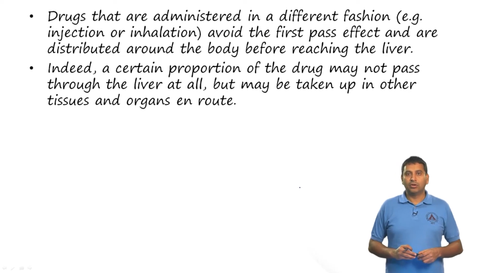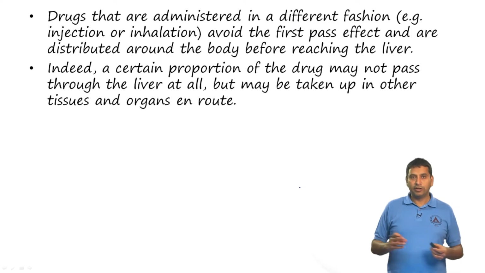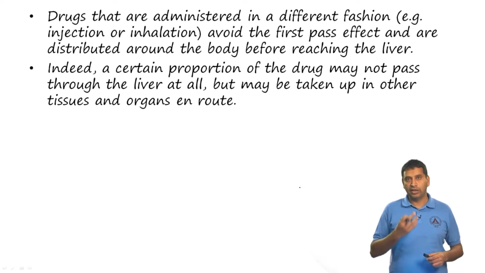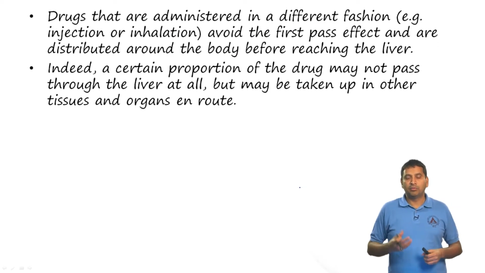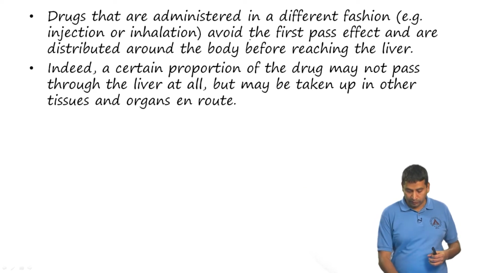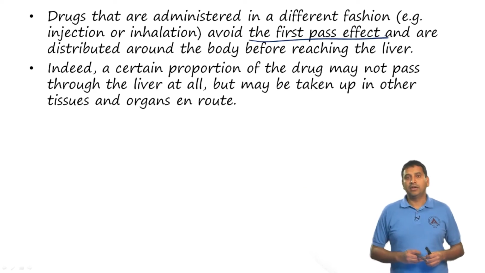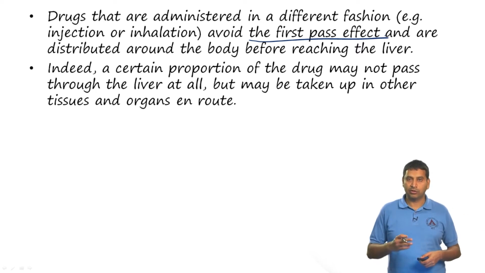Drugs administered in a different fashion, for example, through injection or inhalation, get directly into the bloodstream and avoid the first pass effect. So, they are distributed around the body before reaching the liver. Of course, a certain proportion of the drug may not pass through the liver at all in certain cases, but may be taken up in other tissues or organs which are en route.